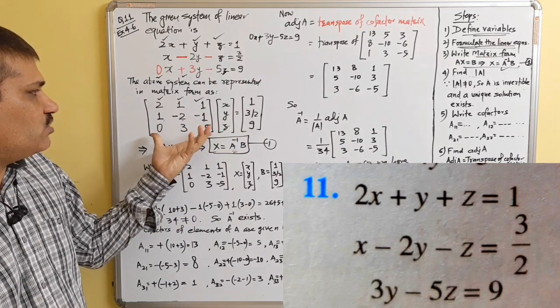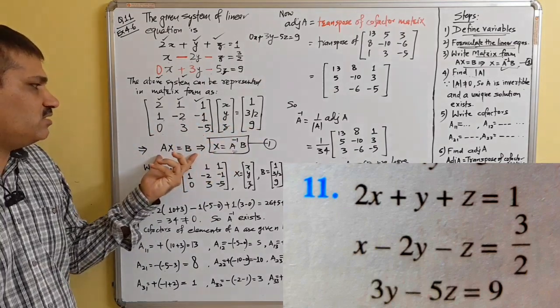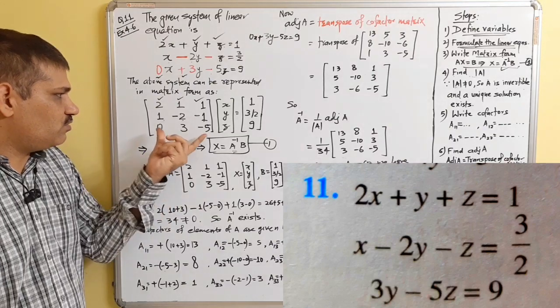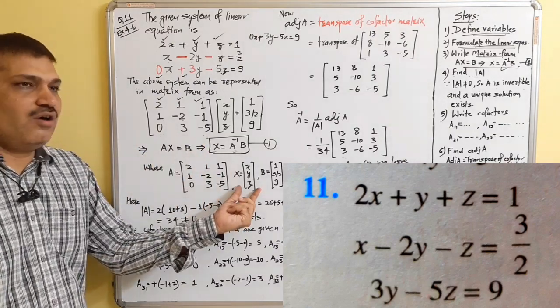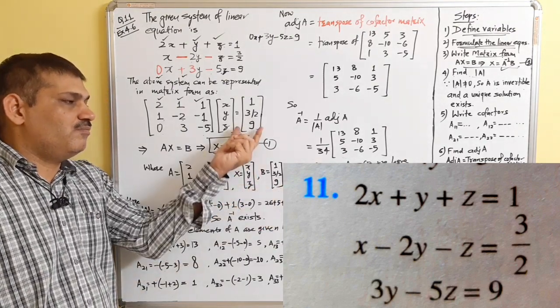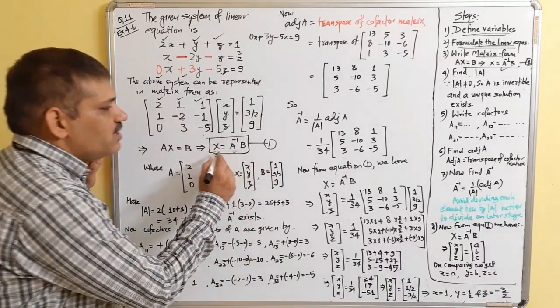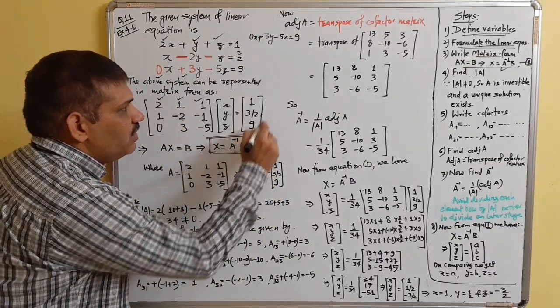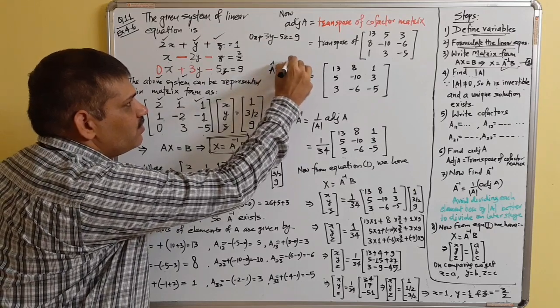If we assume this as A, this as X, and this as B, then it is AX is equal to B, where A is this matrix, X is the column matrix of variables and B is the column matrix of constants. Now the solution is X is equal to A inverse B. A inverse is 1 upon determinant A times adjoint A.